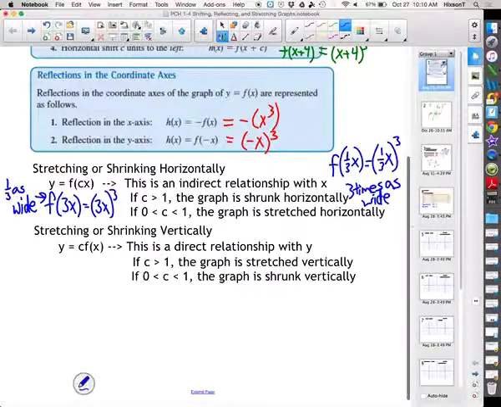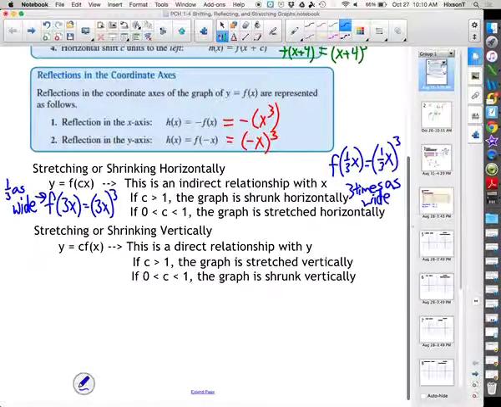Now, the vertical, on the other hand, the vertical stretch or shrink is a direct relationship. It's exactly what you would think would happen. When you multiply by a larger number, it's going to get stretched, it's going to get taller. When you multiply it by a fraction, it's going to get shorter.